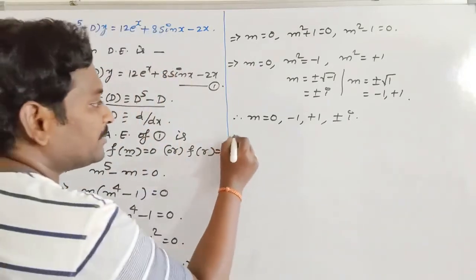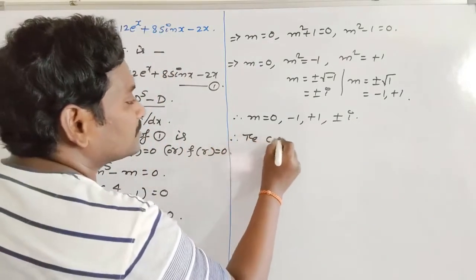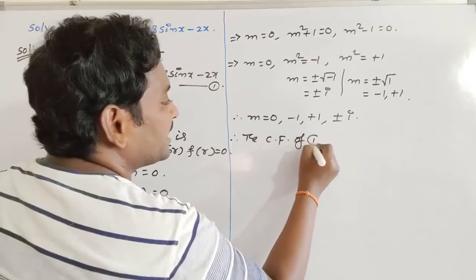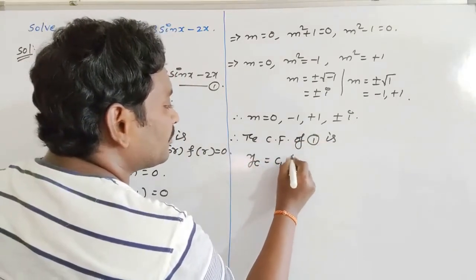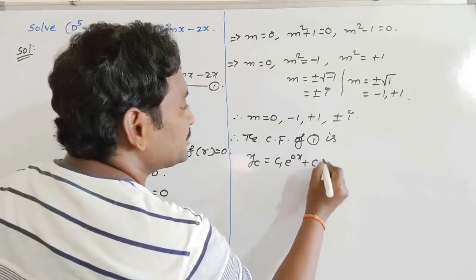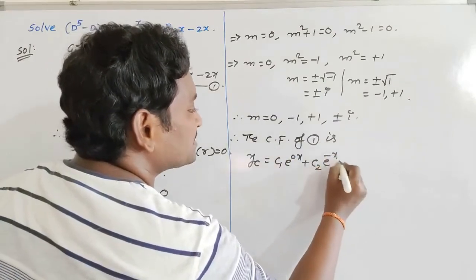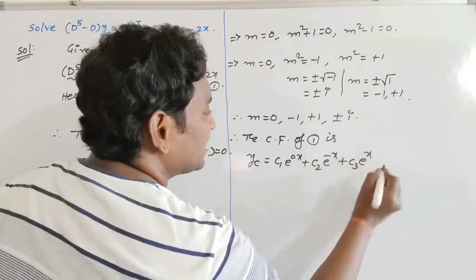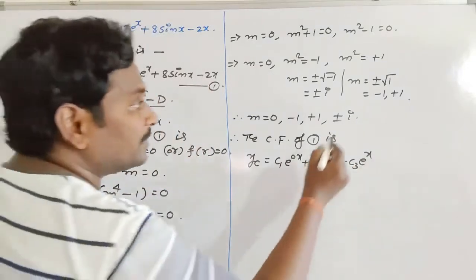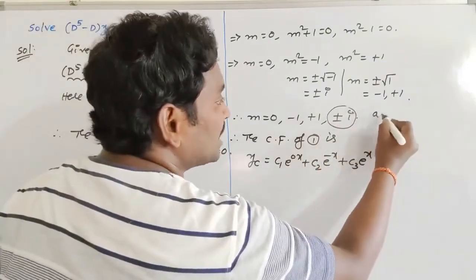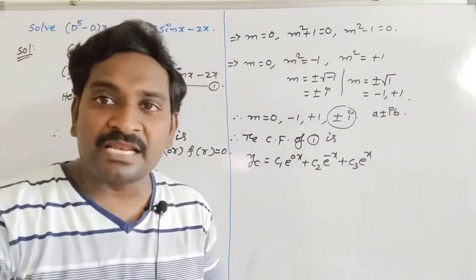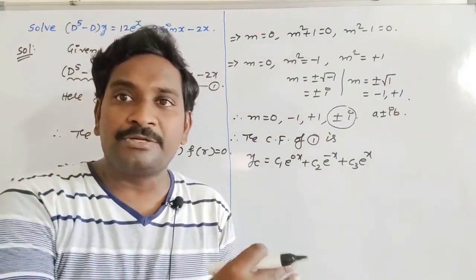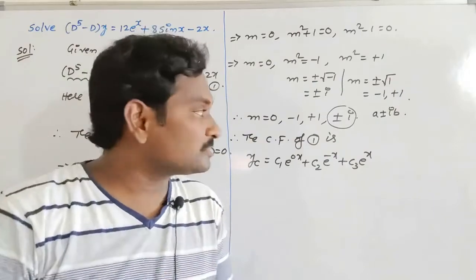So the complementary function of 1 is yc = c1 e^(0x) + c2 e^(-x) + c3 e^x. For the complex conjugate pair, if roots are in the form a plus or minus ib, then the complementary function is e^(ax)(c1 cos bx + c2 sin bx).